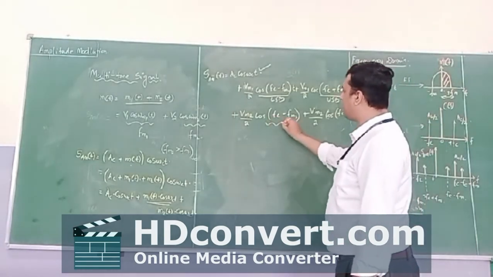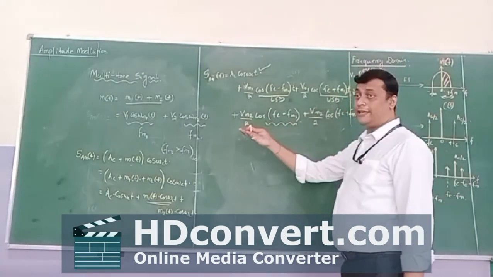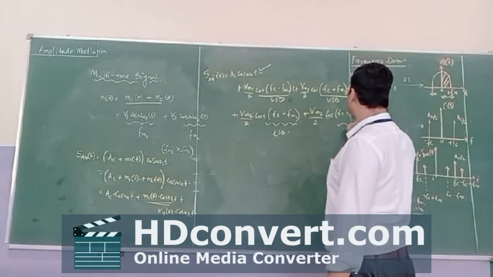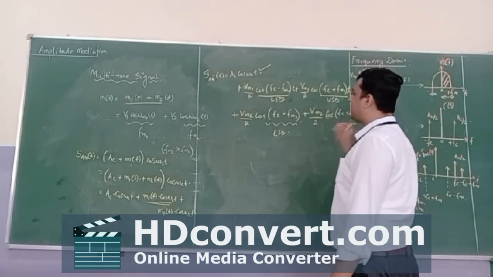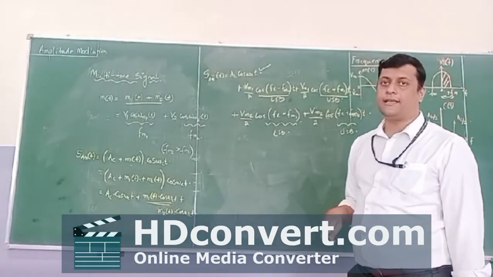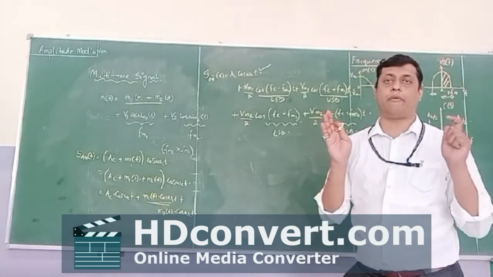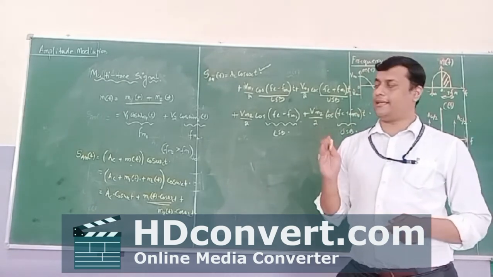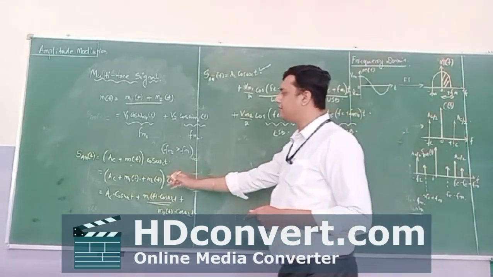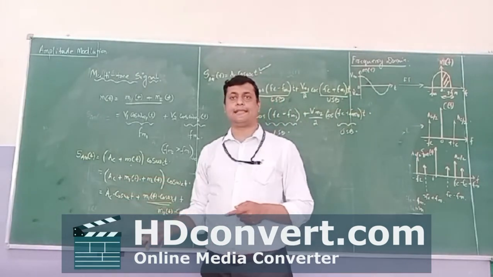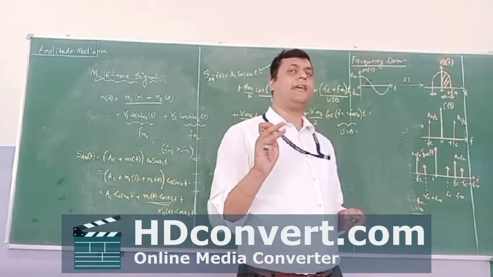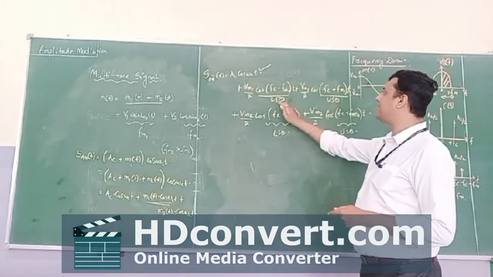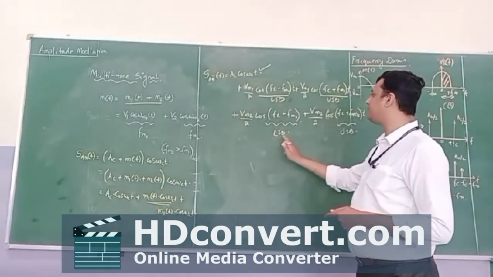Similarly, for the second modulating signal m2, this is the lower sideband and this is the upper sideband. So in total five components are available: first the carrier, then two sidebands corresponding to message component m1, and two components for message component m2. This is your LSB, this is your USB, this is your LSB, this is your USB.